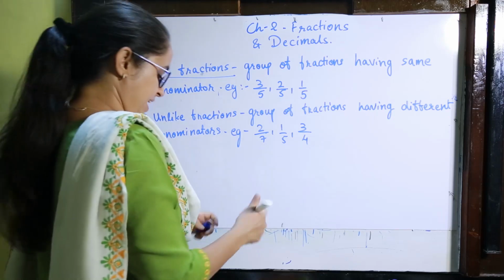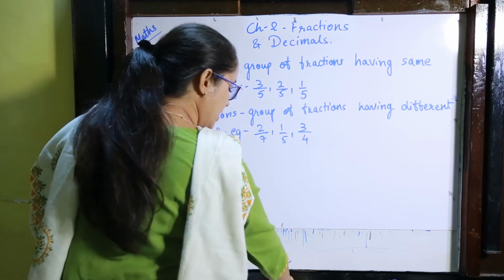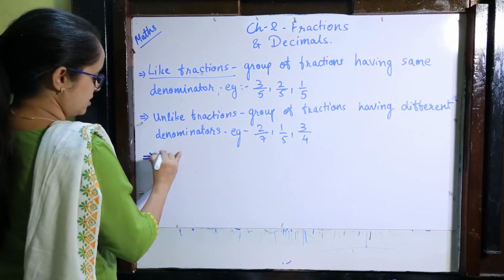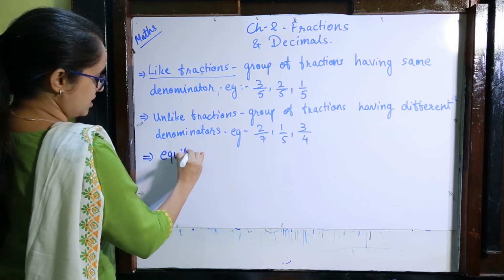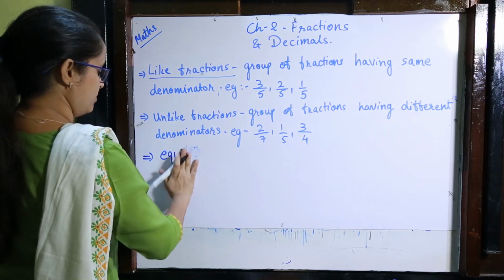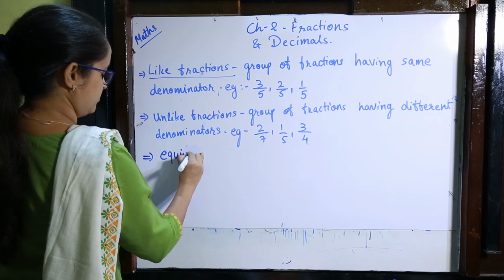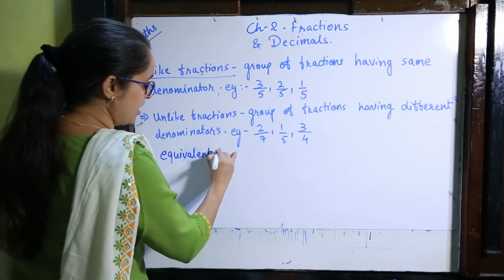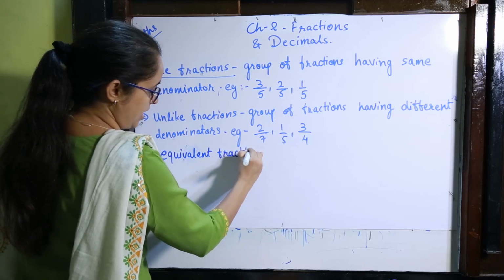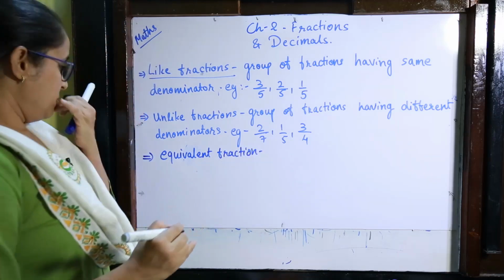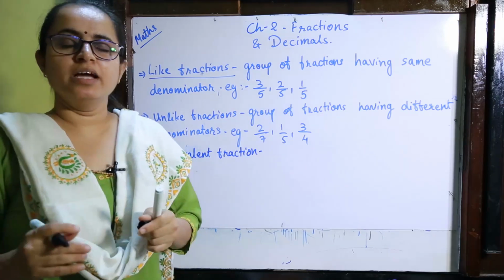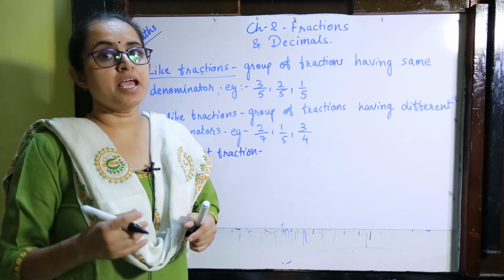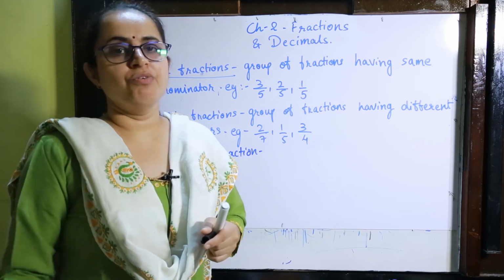Now equivalent fractions. You have studied the concept of equivalent fractions as well. So what are equivalent fractions? If I multiply the numerator and denominator of any fraction with the same number, I will get the equivalent fraction.